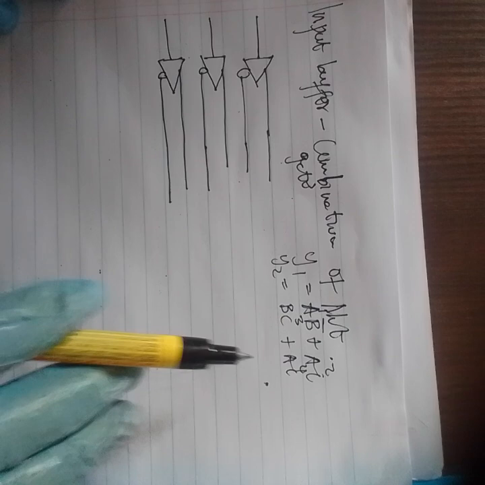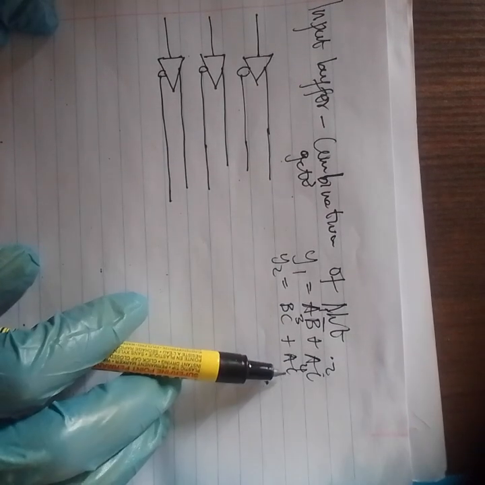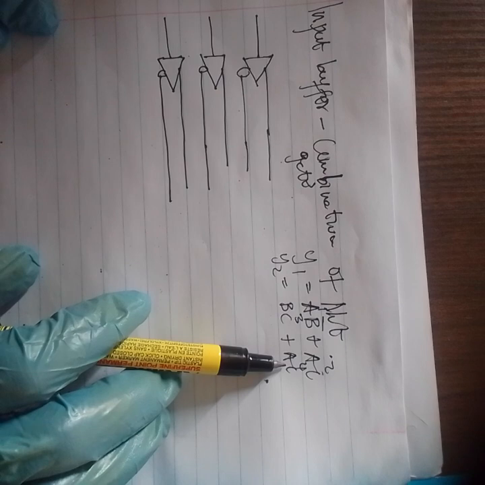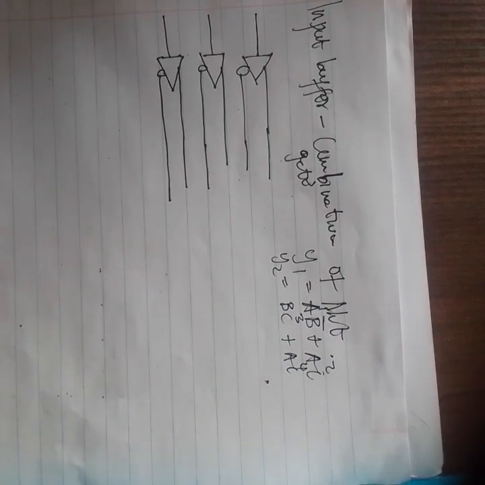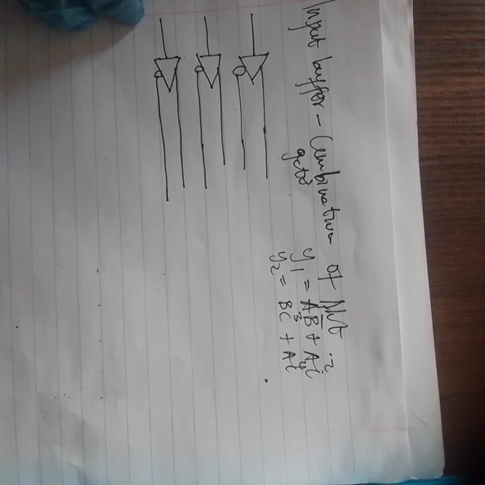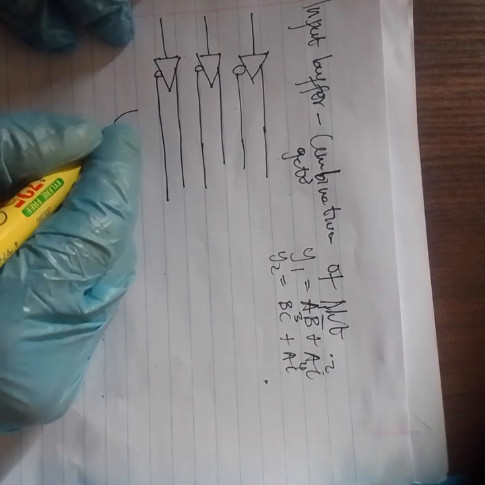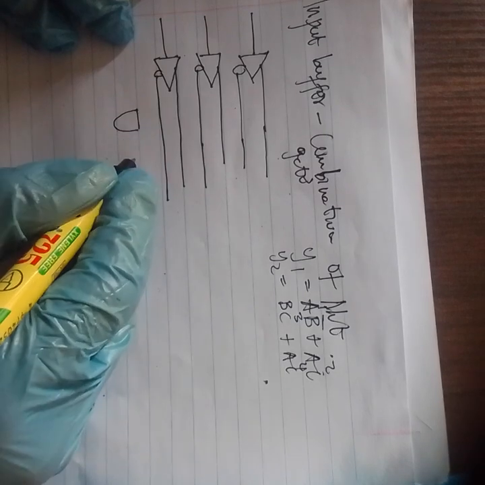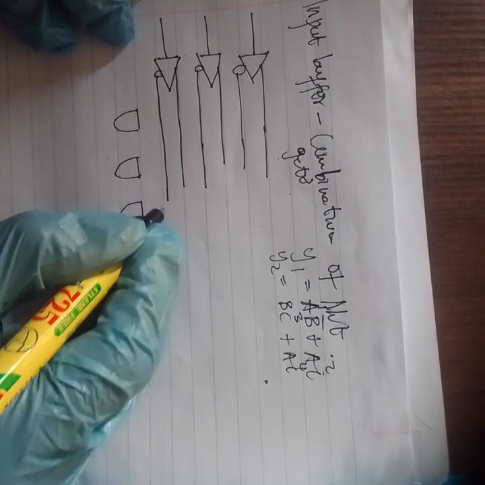We have 4 minterms, but you can see that we have AC in the first function and AC in the second function. We are going to omit one AC, therefore we have 3 minterms. Therefore we need to draw 3 programmable AND gates. Let us draw them. This is the first AND gate, the second AND gate, and the third AND gate.